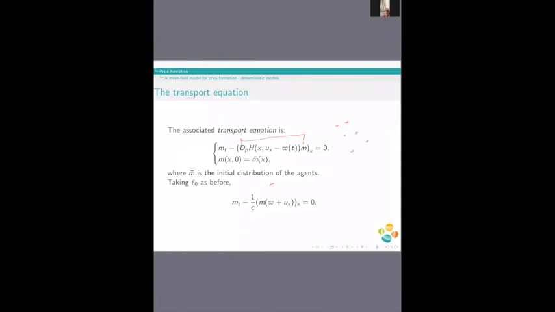And this is one-dimensional, but each agent is following the optimal feedback, the optimal strategy, and the initial distribution of agents is moved somewhere in time, and this is given by solving the transport equation. So in the running example, this is the transport equation that we are talking about. So it's a first order equation.